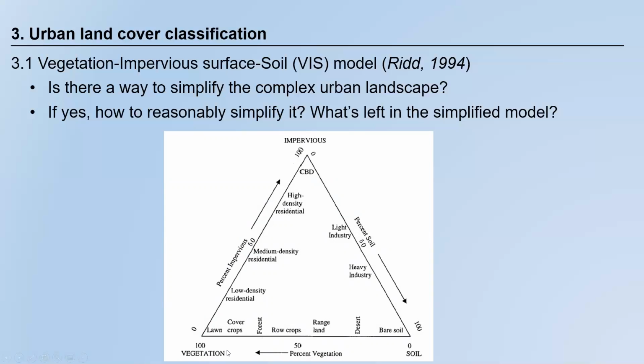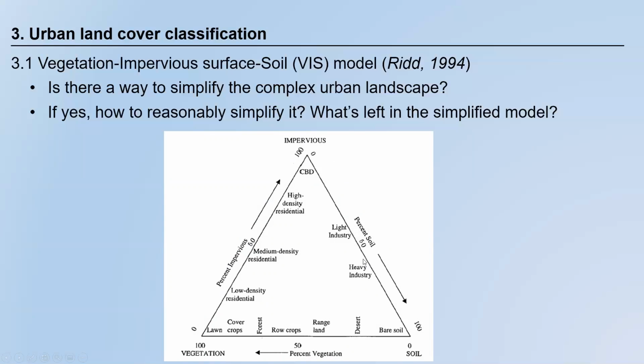surface. We can do a similar thing for row crops, rangeland, forest. They are not common in urbanized areas, but since we have vegetation and soil, let's just assign some land cover types along this side between vegetation and soil, right? And for urban areas, it's more likely there is a combination of soil and impervious surface.